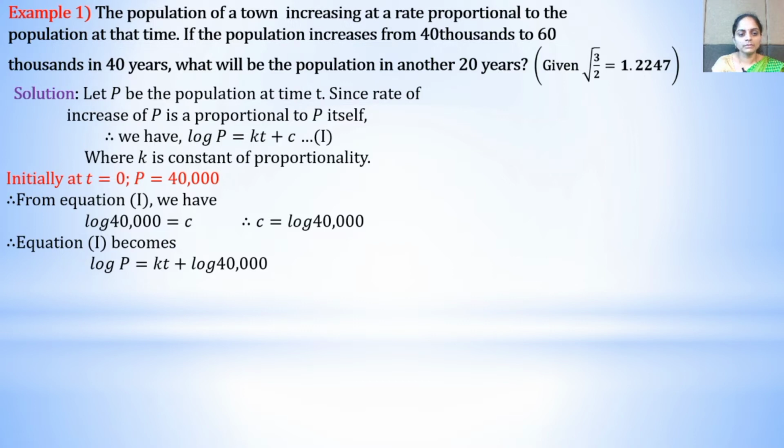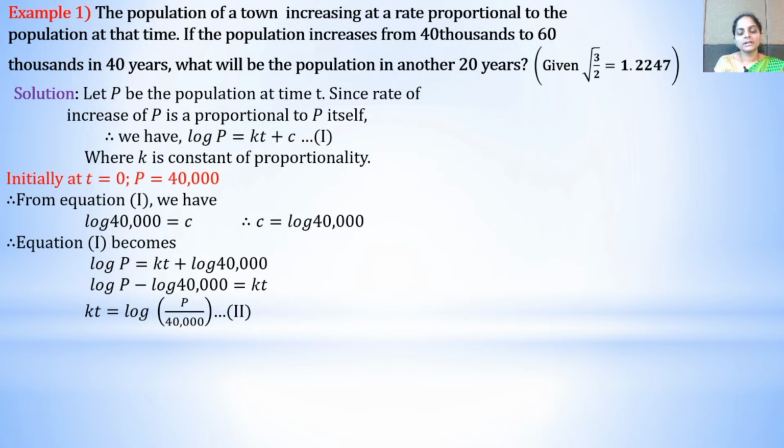Now we take the term log of 40,000 on the LHS. So we get log P minus log of 40,000 is equal to Kt. We know that log m minus log n is equal to log of m divided by n. So this equation becomes Kt is equal to log of P divided by 40,000. This is our equation number 2.